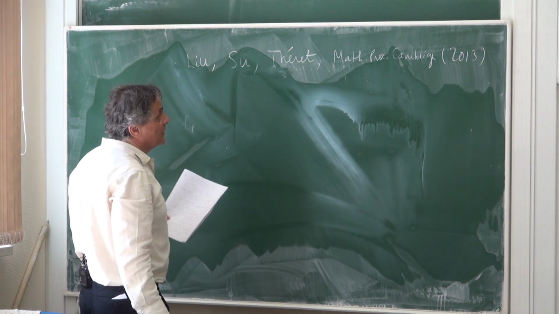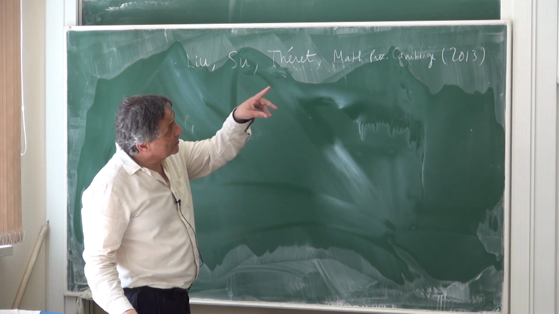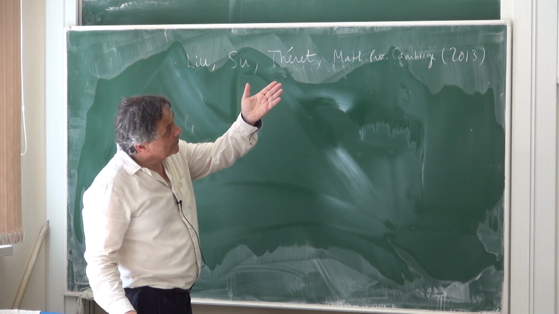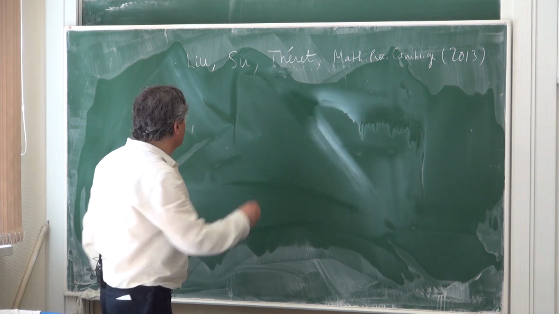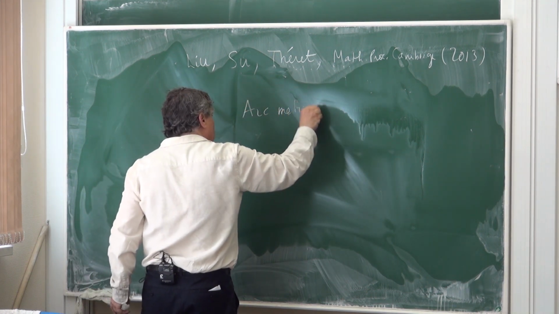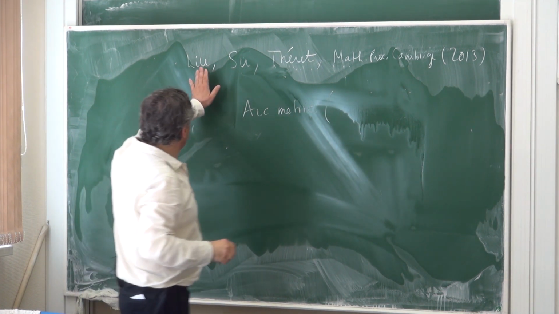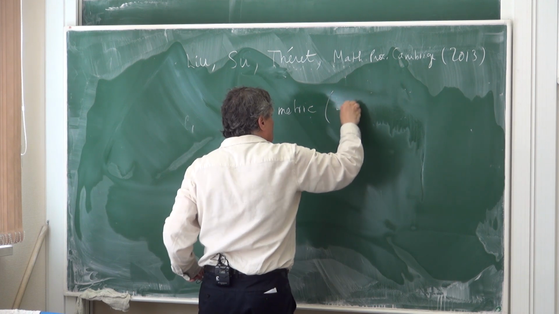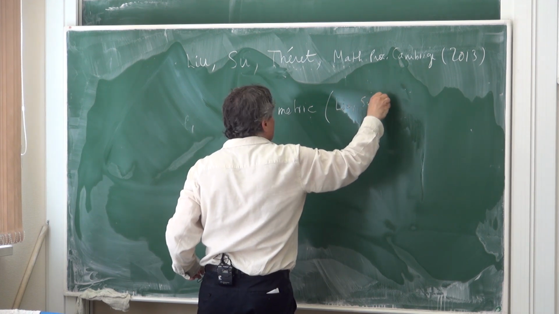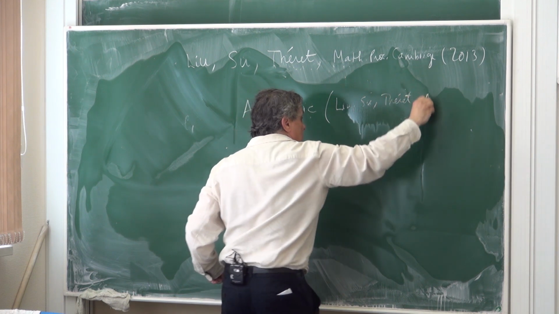And maybe I want to say also that the analog of Thurston's metric for surfaces with boundary is the arc metric. I have also collaborators for this. So I have Liu, I have Su, I have Tere, some papers with him, and then Alessandrini.